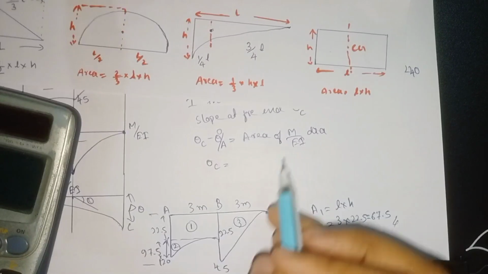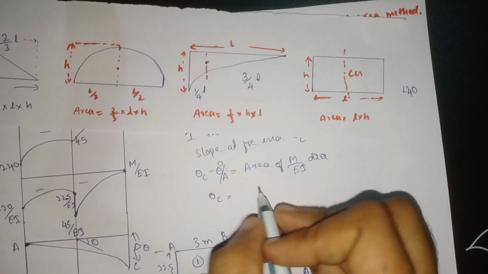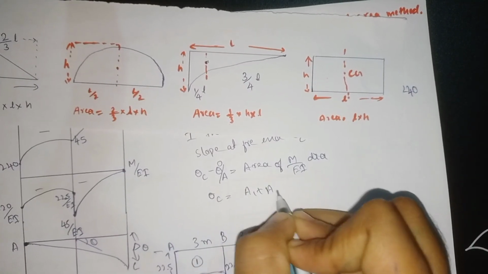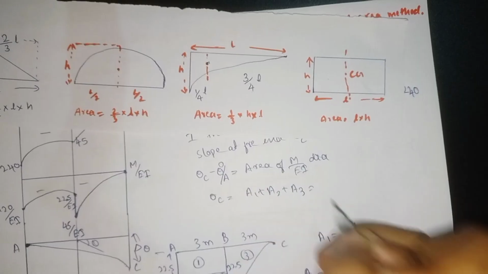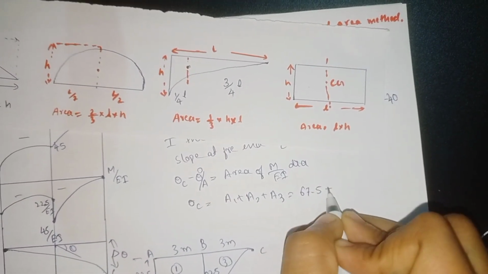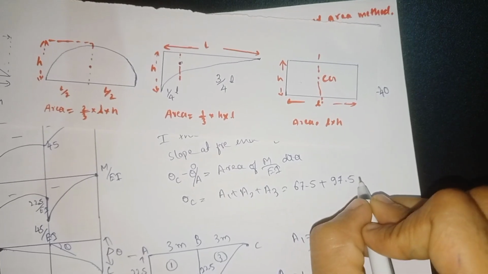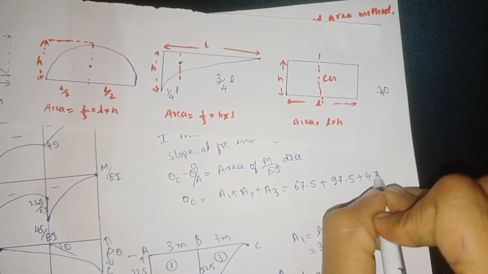So now the area of the M divided by EI diagram will be A1 plus A2 plus A3. So substitute all the values. A1 is 67.5 plus A2 is 97.5 plus A3 is 45.